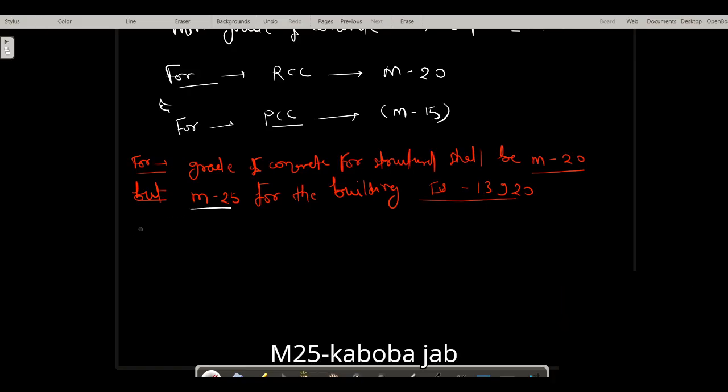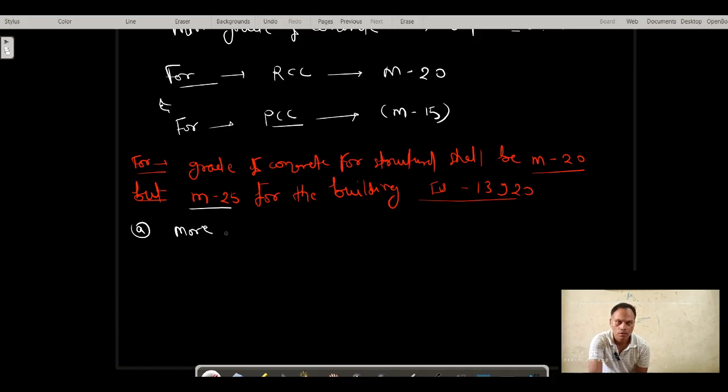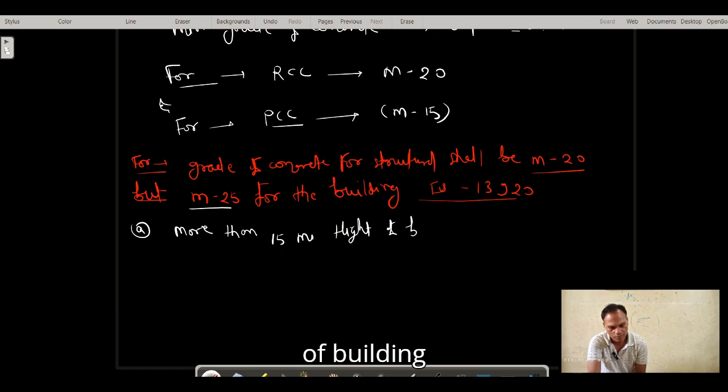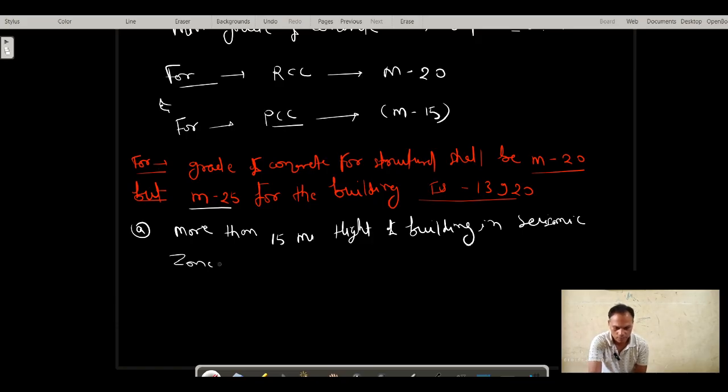M25 कब होगा? जब more than 15 meter height of building in seismic zone 3, 4 and 5.